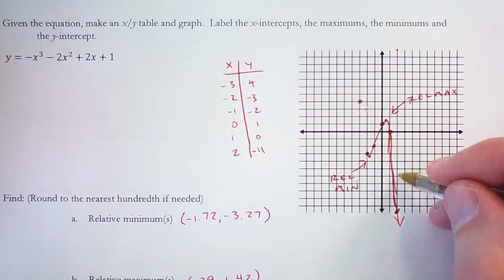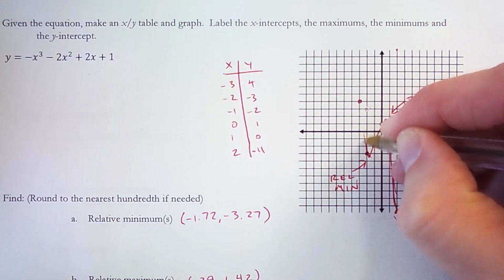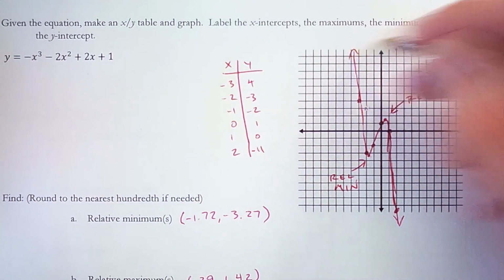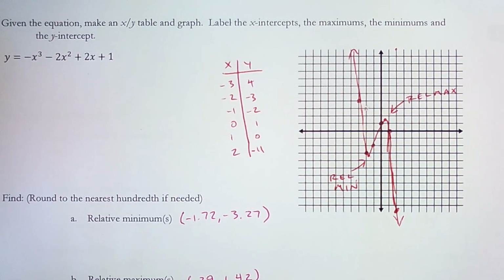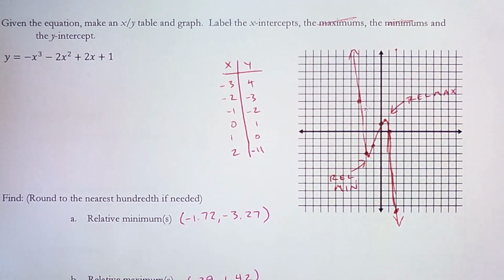I got a little shaky in the middle there. Okay, then on the left side, it looks about like that. So there's our graph, and we have labeled the relative minimum and the relative maximum.